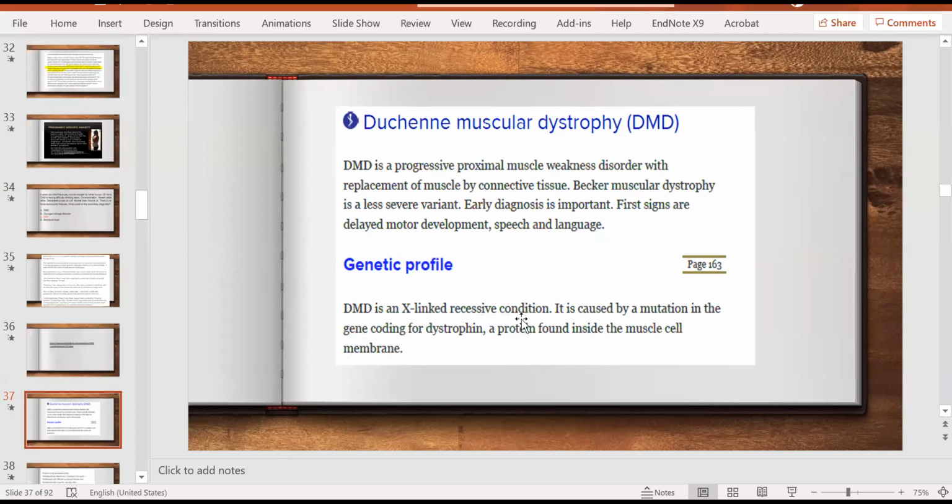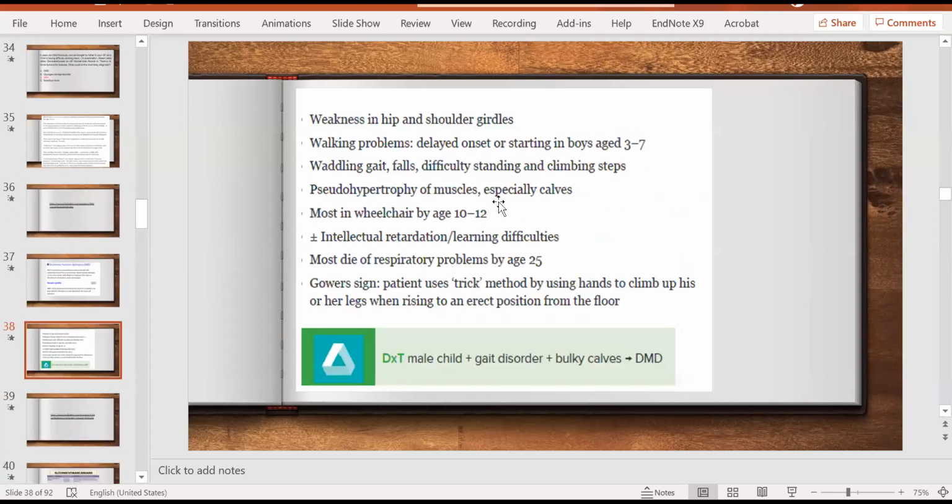It's an X-linked recessive condition, whereas your SMA is an autosomal recessive condition. The main problem is a genetic mutation of a protein known as dystrophin, which is found in the muscle cell membrane. So if the muscle cell membrane protein is deficient or abnormal, obviously they will have a muscle problem.